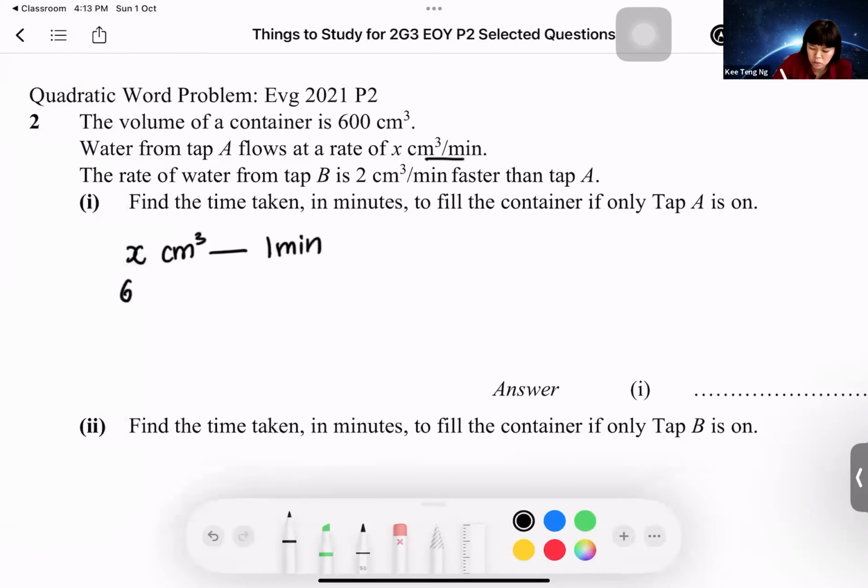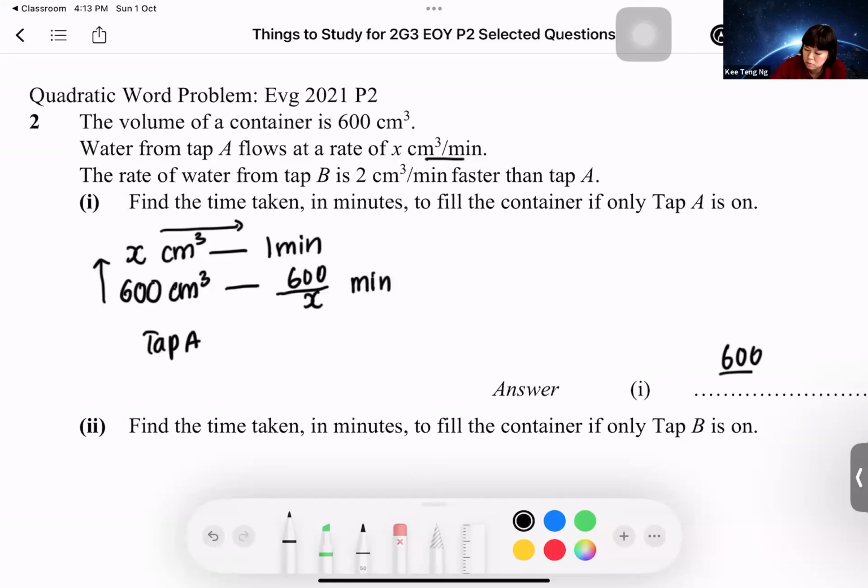Then I have a total of 600 cm cube. How long will that take by proportion? 600 over x times 1, so it's 600 over x of a minute. This is the rate of tap A. This part can understand, right?